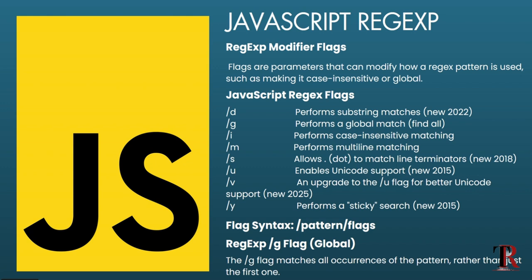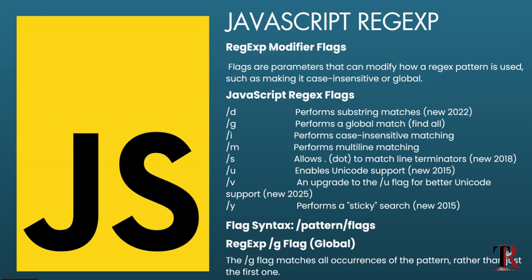It allows dots to match line terminators. It was introduced in 2018. Then we have the /u. It enables Unicode support. It was introduced in 2015. Then we have the /v. It's an upgrade to the /u flag for better Unicode support, and it was introduced in 2025. Then we have the /y that performs a sticky search, and it was introduced in 2015.